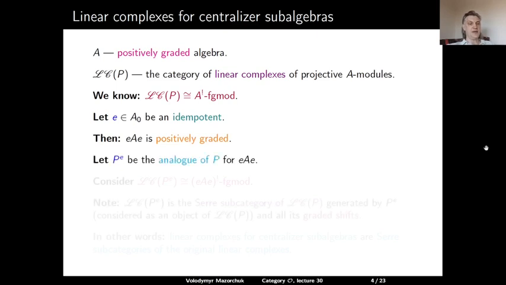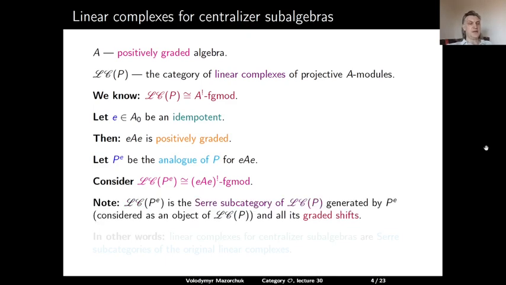Let P upper e be the analog of the projective generator P, but for the algebra eAe. And consider the category of linear complexes of projective eAe-modules, LCP upper e. So similarly to the above, this category is equivalent to the category eAe shriek FG-mod.